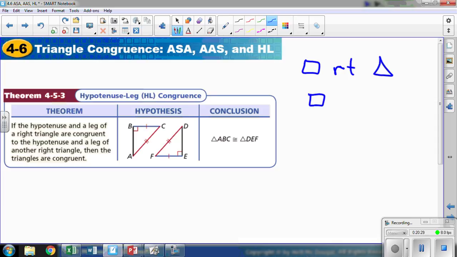And it quite simply says you have a pair of congruent hypotenuses and you have one pair of congruent legs. That's it. If you can finish off our checklist of it's a right triangle and you have a pair of congruent hypotenuses and you have a pair of congruent legs, those are things that would force the triangles to be overall congruent.